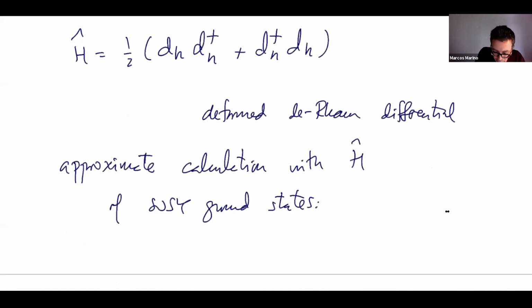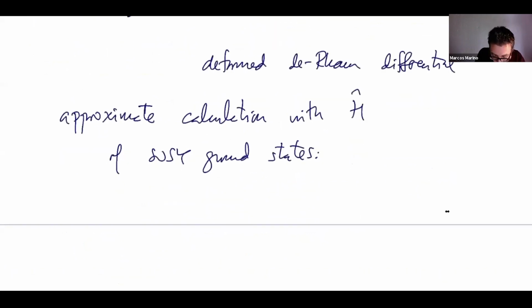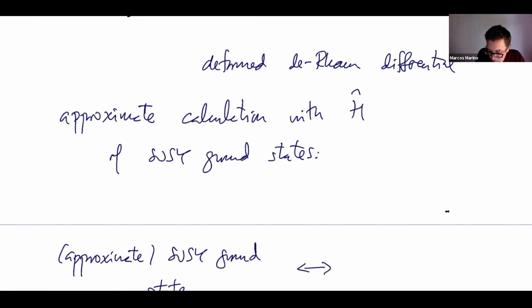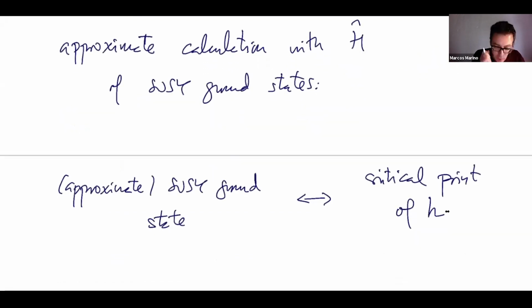This approximate calculation tells me that an approximate SUSY ground state is a critical point of h. So critical points of h are in one-to-one correspondence with approximate SUSY ground states. And the fermion number of this is actually the Morse index.